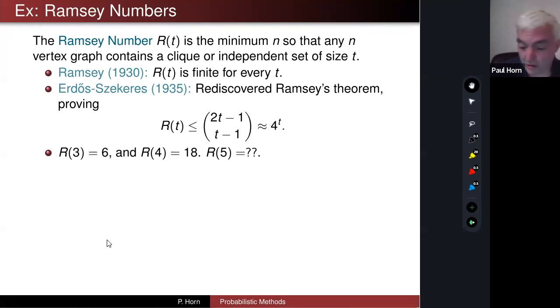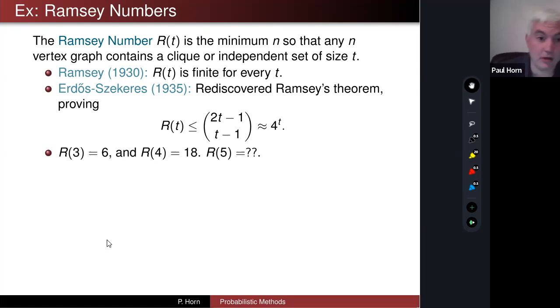Unfortunately, shortly after writing this paper, Ramsey passed away very young. And this result was almost lost, but it was rediscovered a few years later by Erdős and Szekeres, who reproved Ramsey's theorem and actually gave an explicit bound on these numbers.